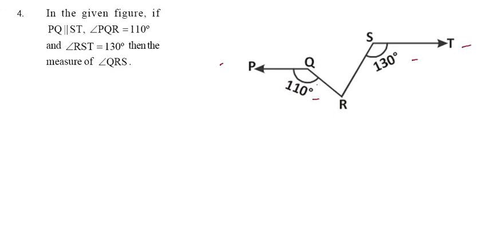This angle is QRS. How can we find this angle? So let us see. First of all, you can draw a parallel line like this. Suppose it is A. It is a construction, so you can do it very well.